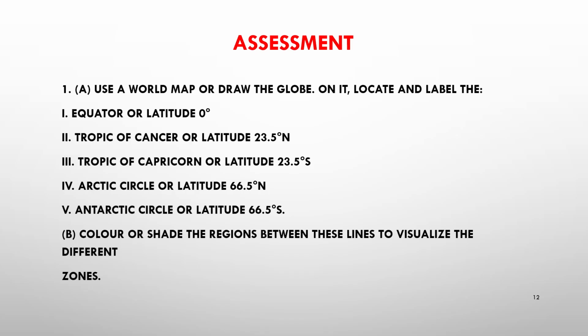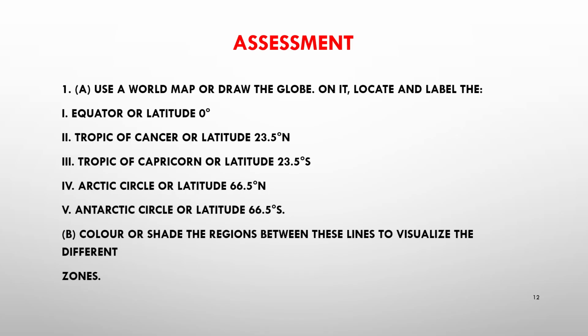Then the B says color or shade the regions between these lines to visualize the different zones. So once you have drawn and labeled all the 5 latitudes, use different colors to shade the regions between them.